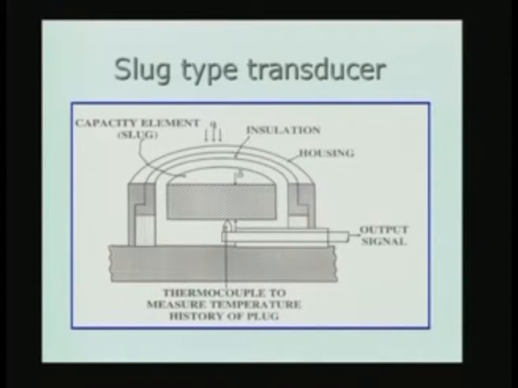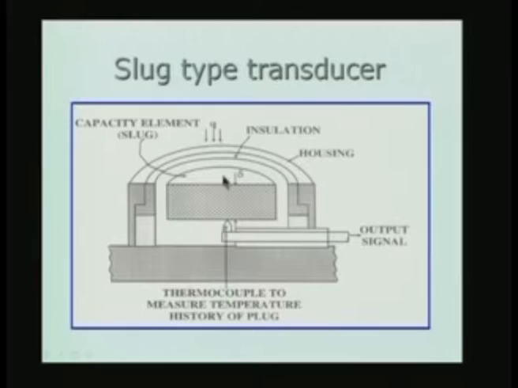So let us just look at what is going to happen. We have Q, the heat flux. We will assume it is uniform within this diameter of the slug, and it is illuminating the top, or it is applied on the top surface, which is a circle of some diameter.